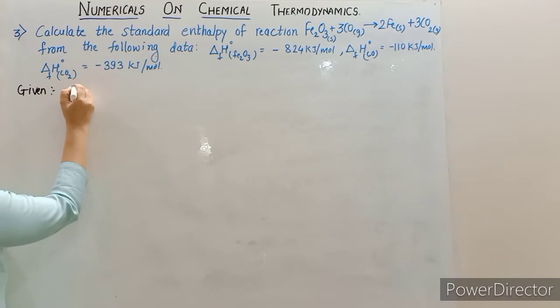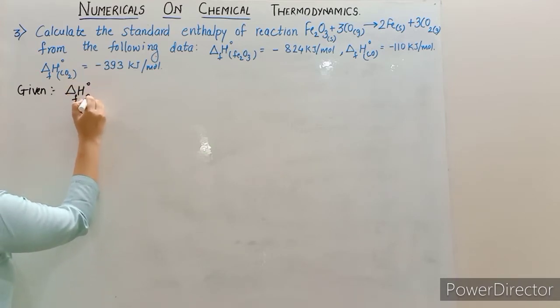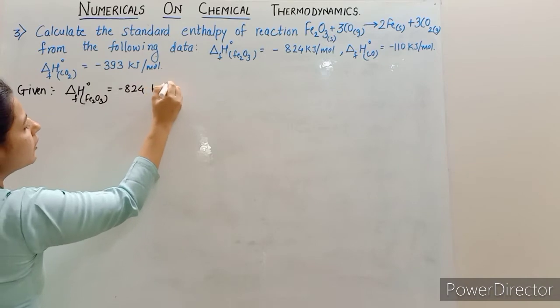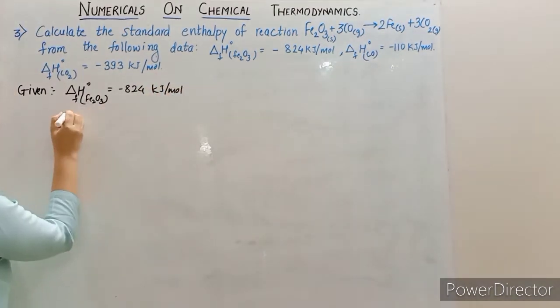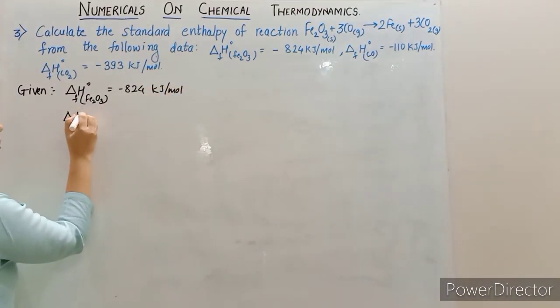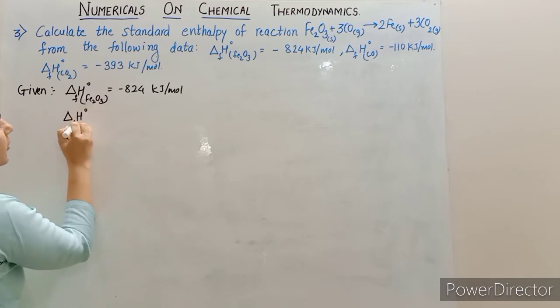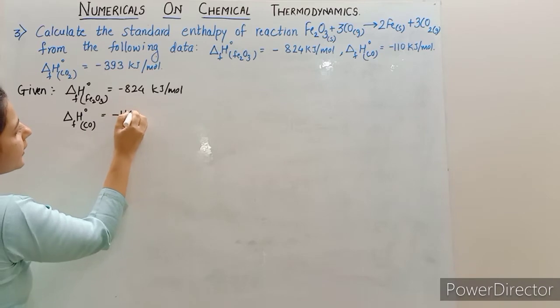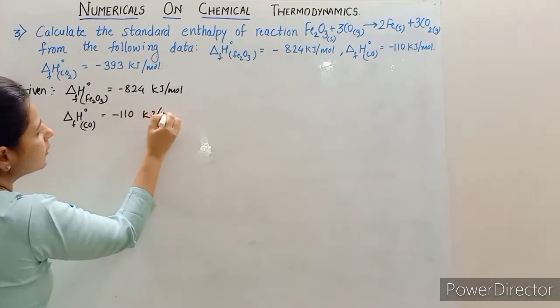In this case, given is the enthalpy of formation of Fe2O3, which is -824 kilojoules per mole. Second, the heat of formation, or change in enthalpy of formation, for carbon monoxide is -110 kilojoules per mole.